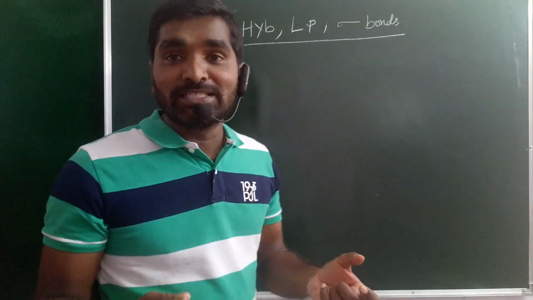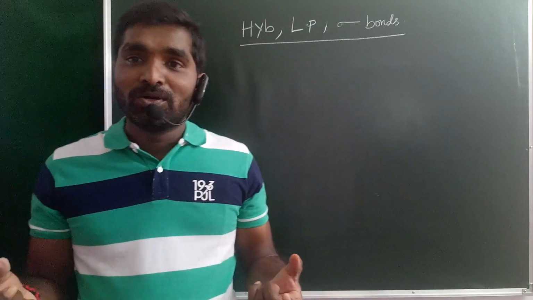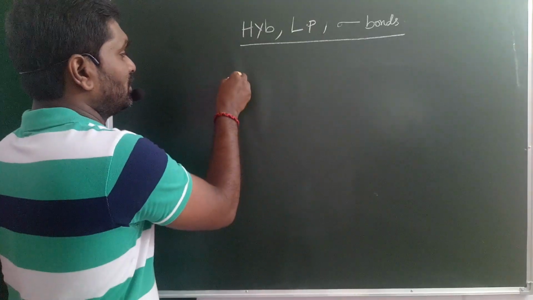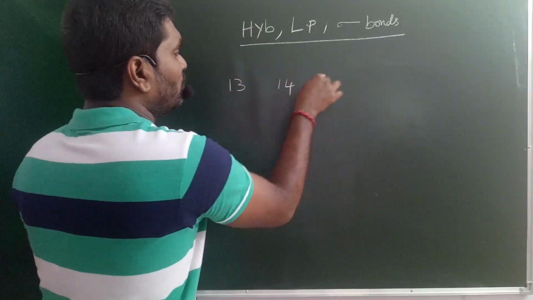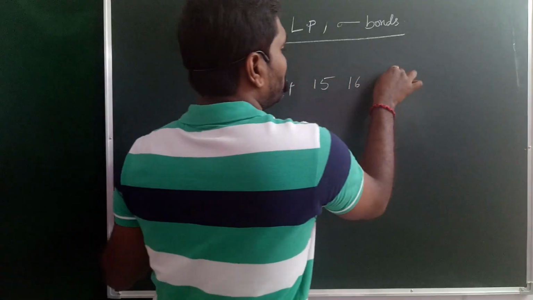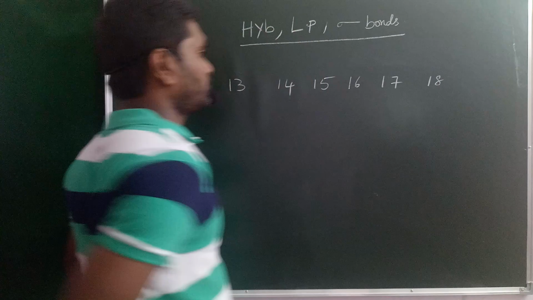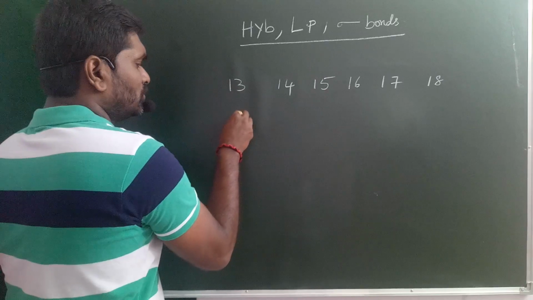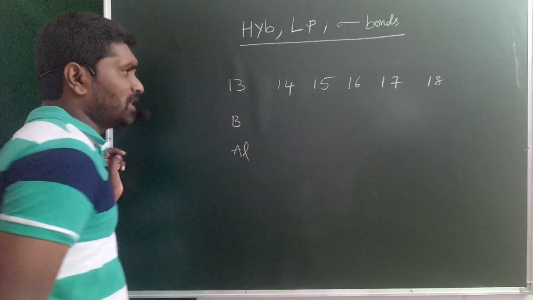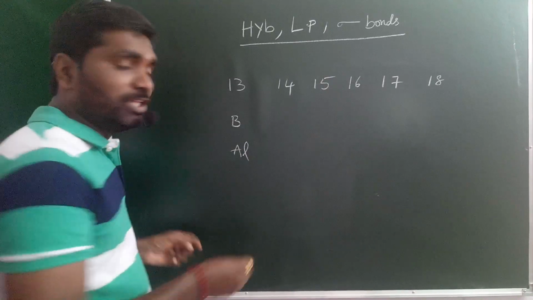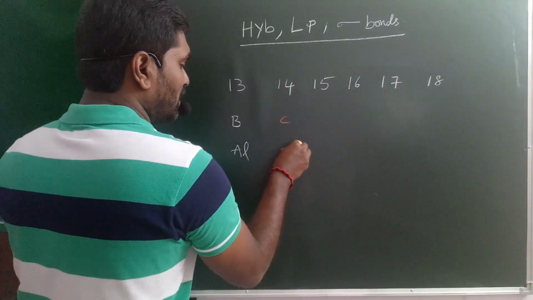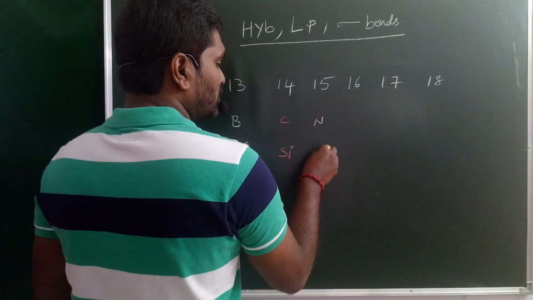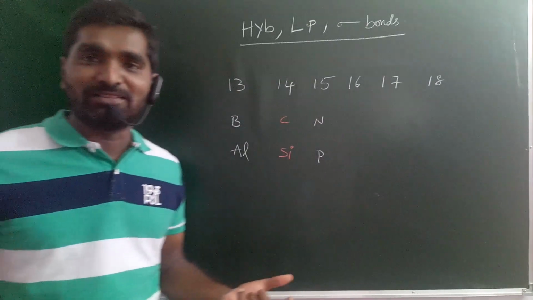Before finding the hybridization, lone pairs or sigma bonds, we need some data. You know that the valency is very important. So, 13th group, 14th group, 15th, 16th, 17th and 18th group. In the 13th group, boron, aluminum and similar elements are present. In the 14th group, the carbon family: carbon, silicon, germanium, tin, lead. 15th group, the nitrogen family: nitrogen, phosphorus, arsenic, antimony, bismuth.